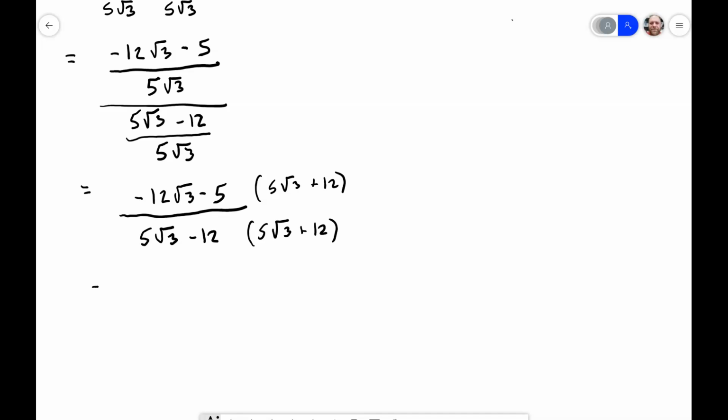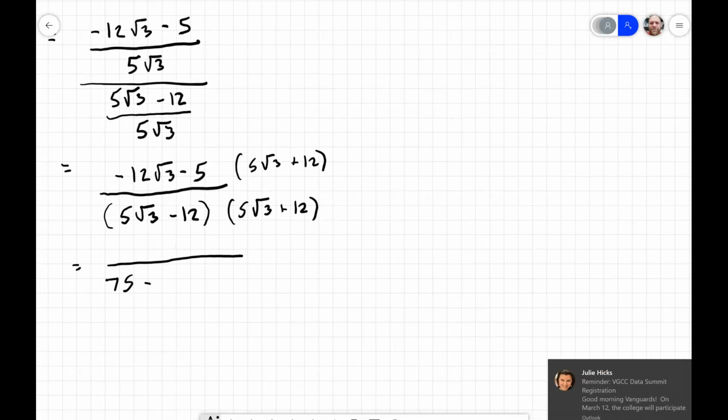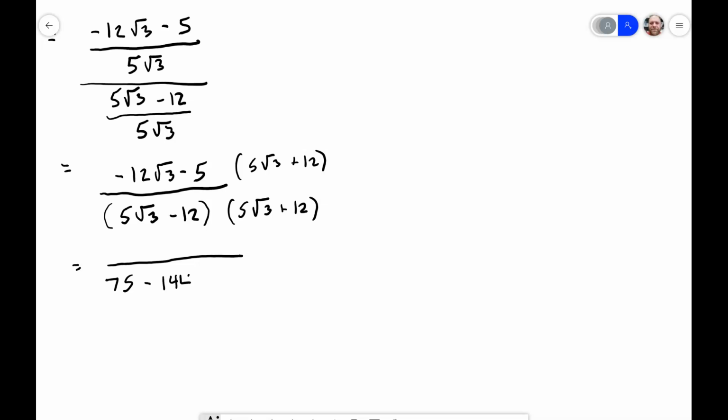On the bottom here, we're just going to end up doing the first thing squared. That's going to be 25 times 3, so that's going to give us 75, minus 144.